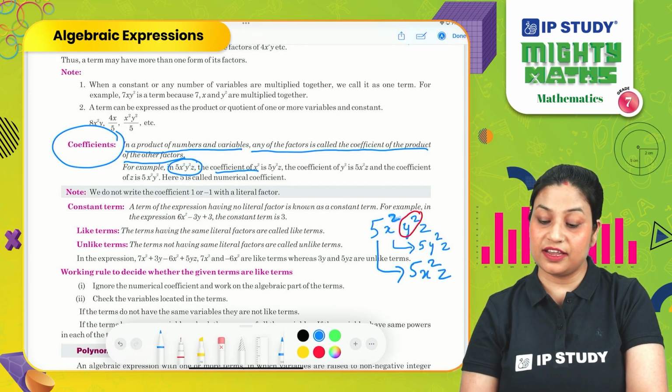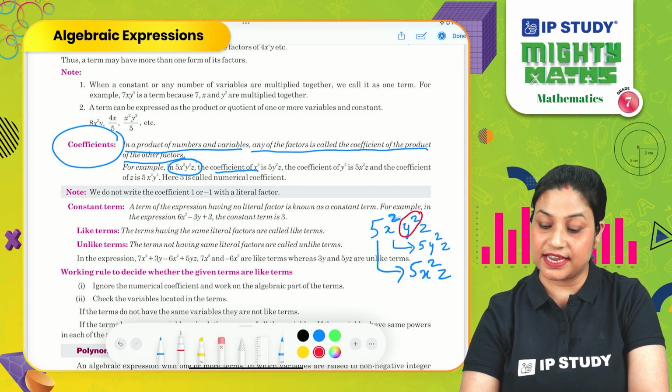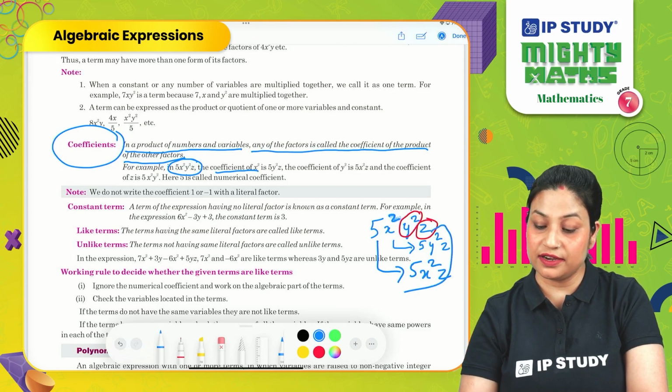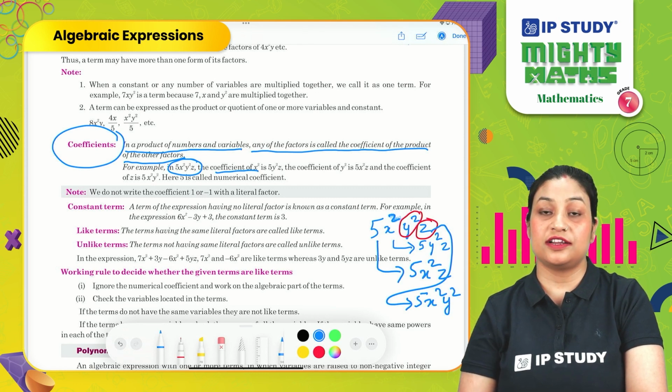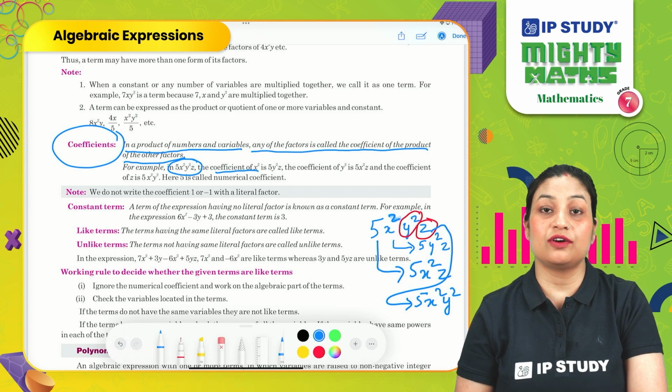In the same way, if I ask you what is the coefficient of z, so what will be the coefficient of z? The coefficient of z will be 5x square y square. Understood? So these are the coefficients.